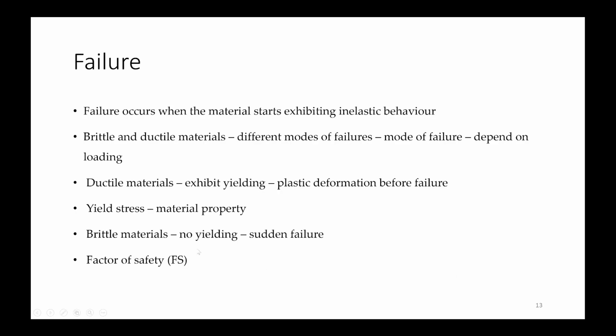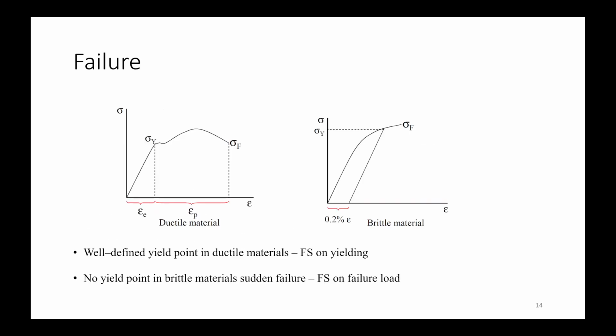Factor of safety is considered for designing our materials, so we apply less stress to the material compared to the yield stress. Now failure can be a brittle or a ductile type of failure.